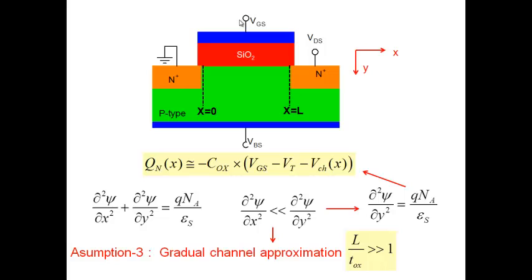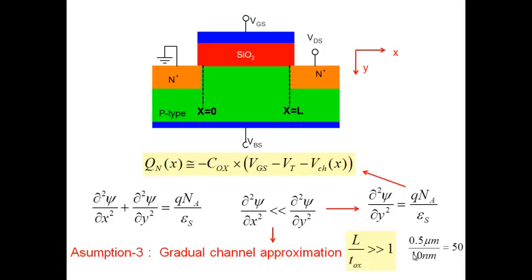The field in the y direction is roughly the same voltage divided by T oxide. So this condition entails that the length by T oxide must be much, much larger than 1. You cannot ensure the gradual channel approximation unless the channel length by T oxide is much, much larger than 1.